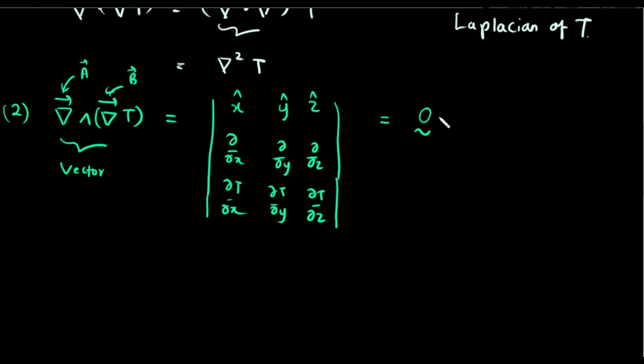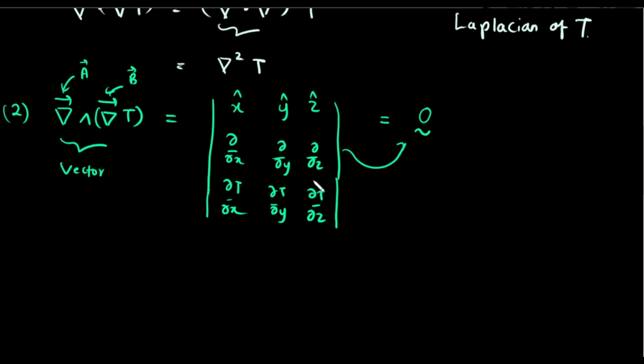You can say this is a null vector, since this cross product gives you a vector, so you cannot say that it equals 0, because this is always going to be a vector. So this is considered the null vector. I'm not going to do the calculation for you, because you have to do this calculation as an exercise.